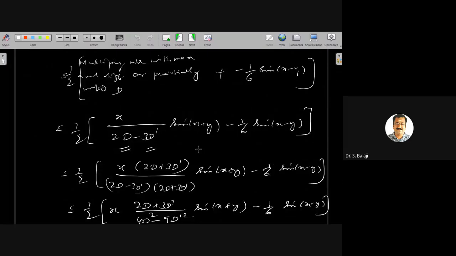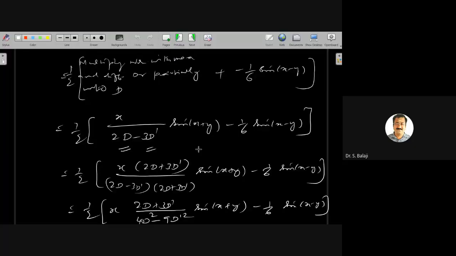After that you get the ld plus md dash form, therefore you have to multiply by the conjugate. Again you get denominators in d square and d dash square form, then you can easily replace it. So this will be the idea we can follow.